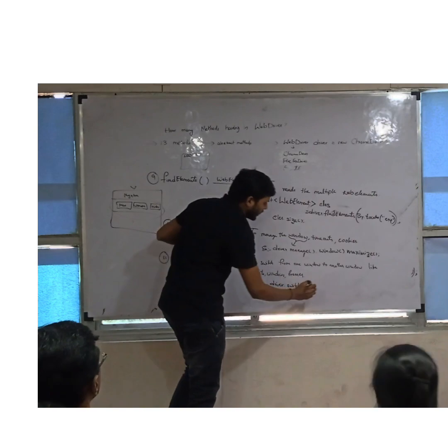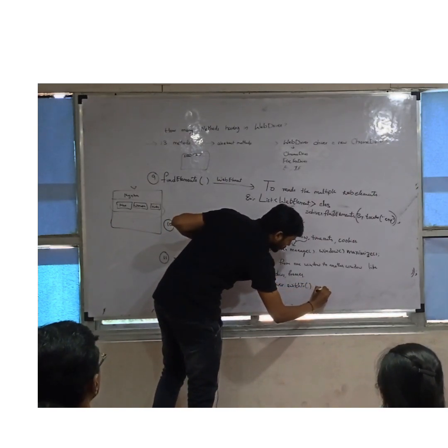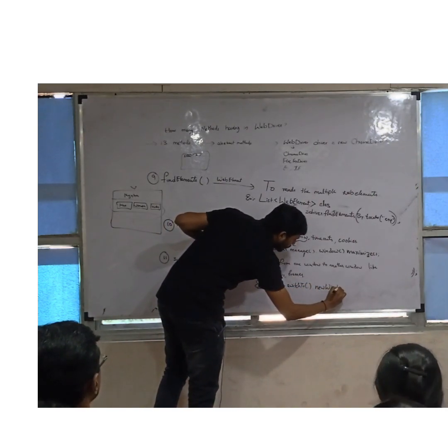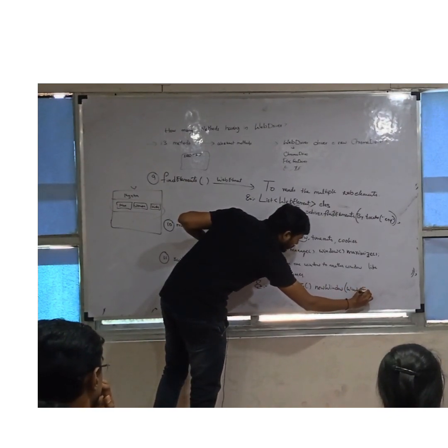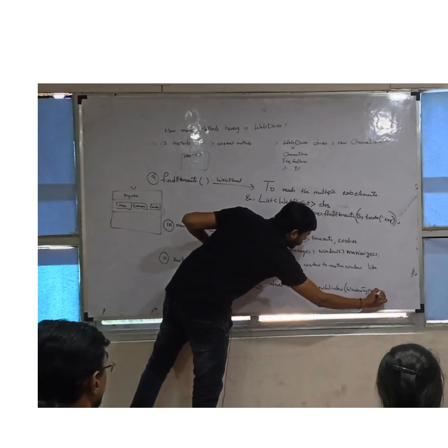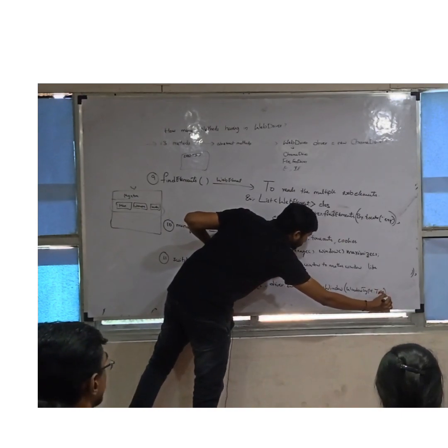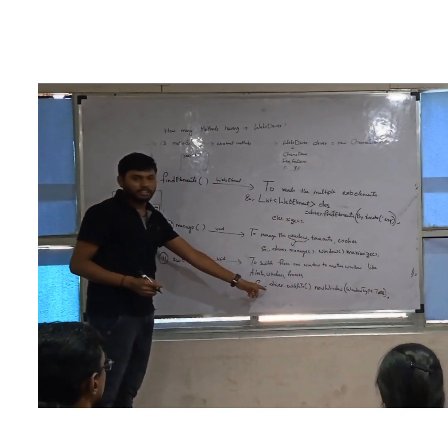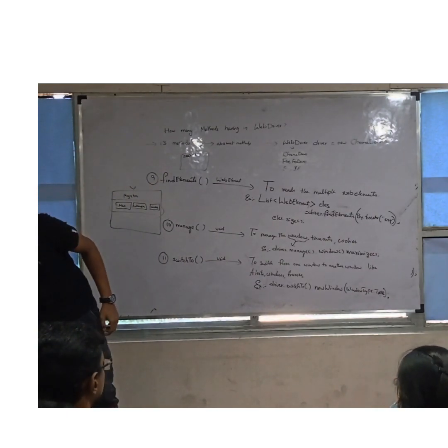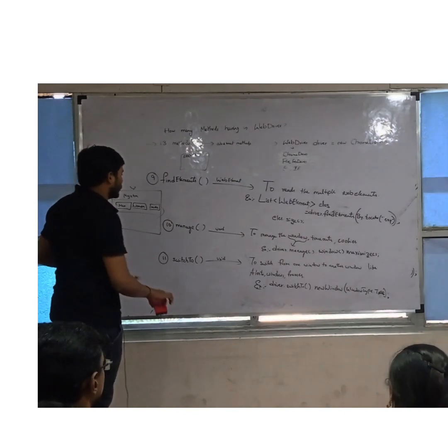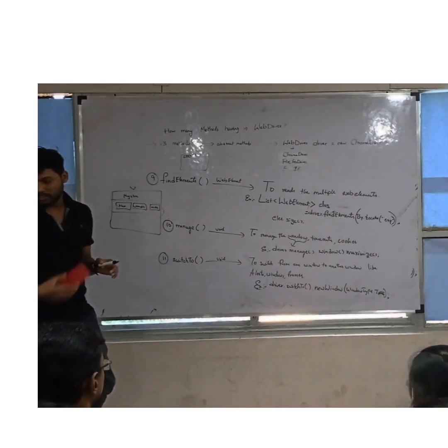The syntax is driver dot switch to dot new window, and the window type is tab if I need to go through a tab. This is the syntax. This is how we can use the switch to method.